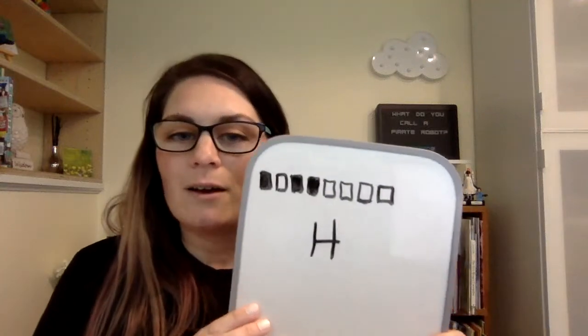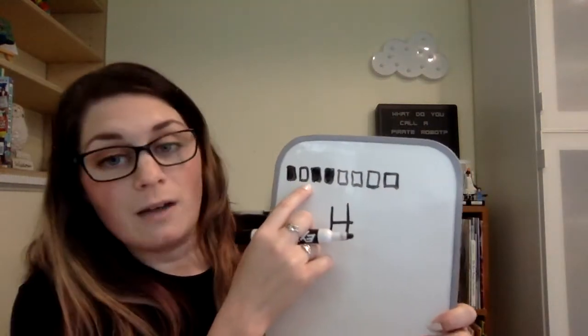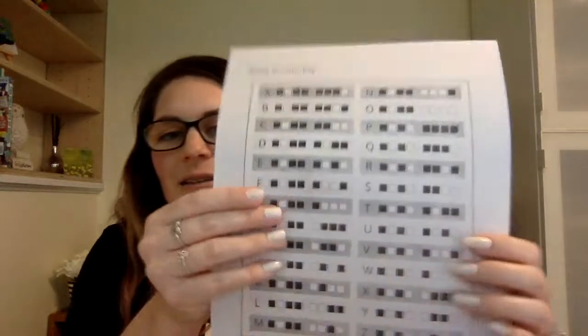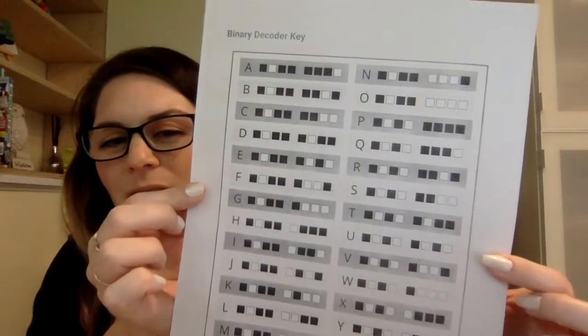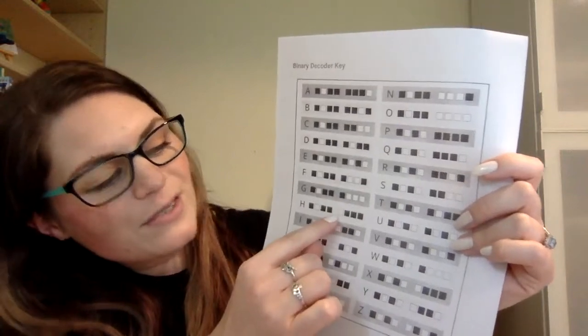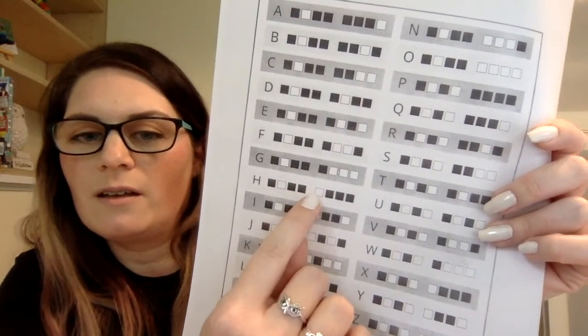Okay, now so far I have 1 colored in, 1 not colored in, and 2 colored in. Now I'm going to go back and check my decoder. And do you notice something? I just noticed something. I noticed that there's kind of this space between the squares. Okay, so I'm going to fix some things.